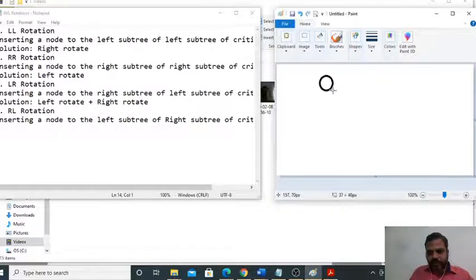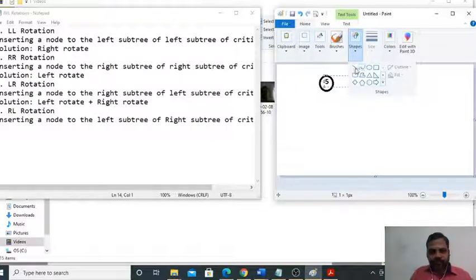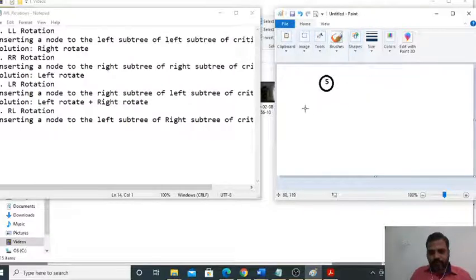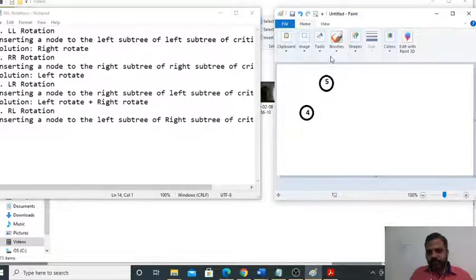So already this is the root node. Okay, the value of the root node, let it be 5. I'm adding another node. The value of the another node be 4. Okay.